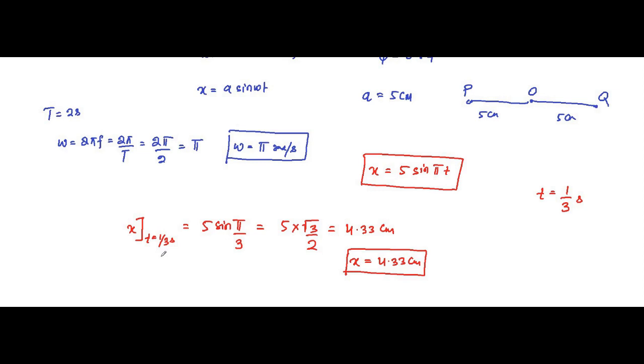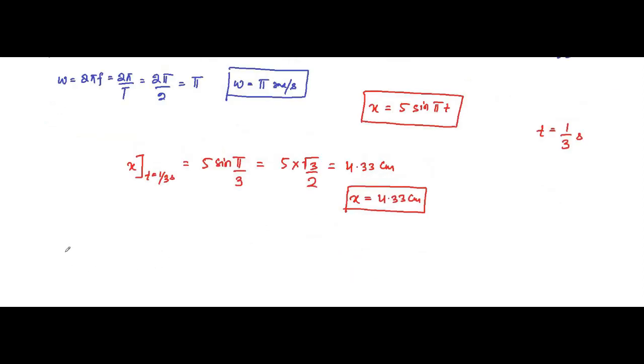So the displacement at t equals 1 by 3 seconds is 4.3 centimeters. Then we have to calculate the velocity. Velocity v at 1 by 3 seconds is equal to dx by dt, which is equal to 5 pi cos pi by 3. How did it happen?